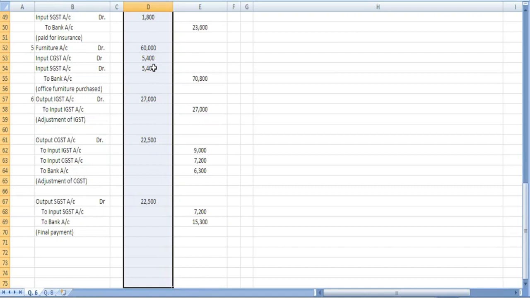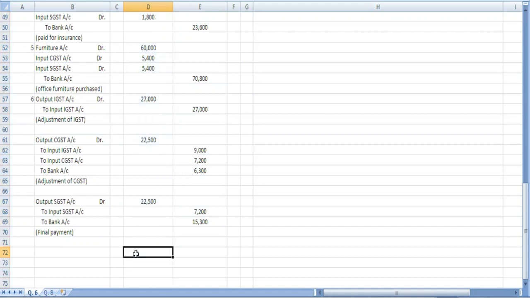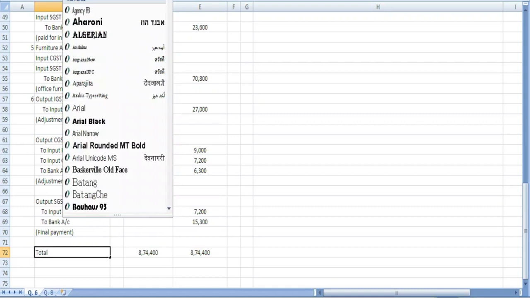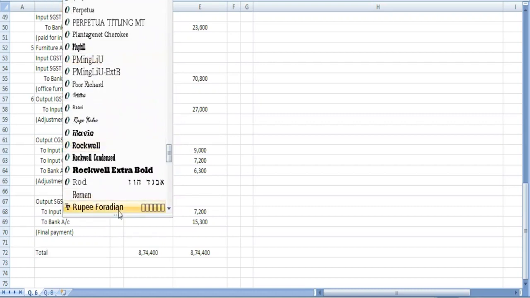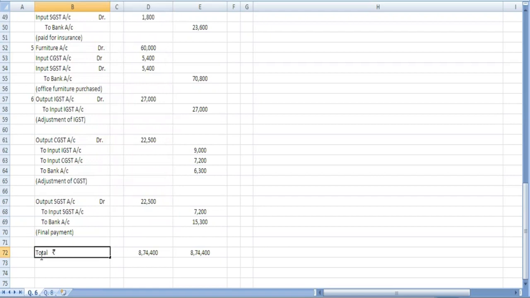This side is coming 8,74,400, and the other side is also 8,74,400. Total.